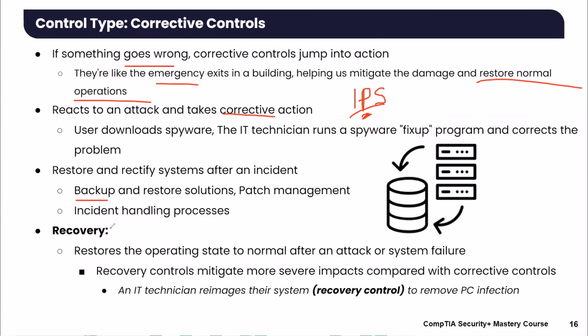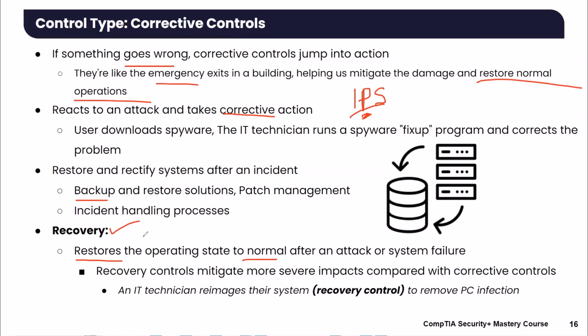And then we have recovery controls. Recovery controls are designed to restore systems and operating systems to a normal state after an attack or system failure. See, corrective controls immediately jump into action and try to stop the bleed, try to contain the problem, making sure it doesn't move forward to other systems.